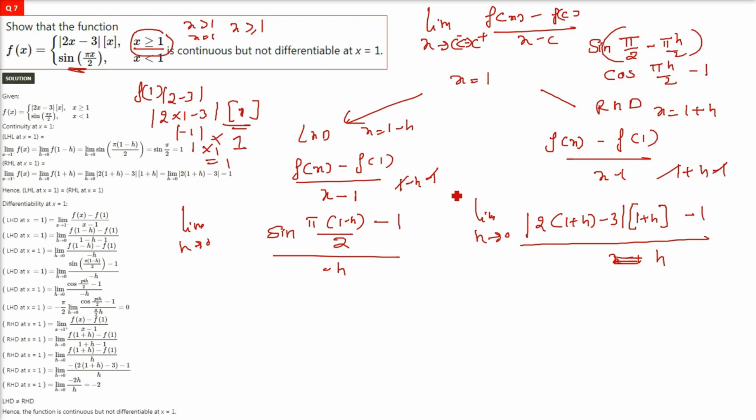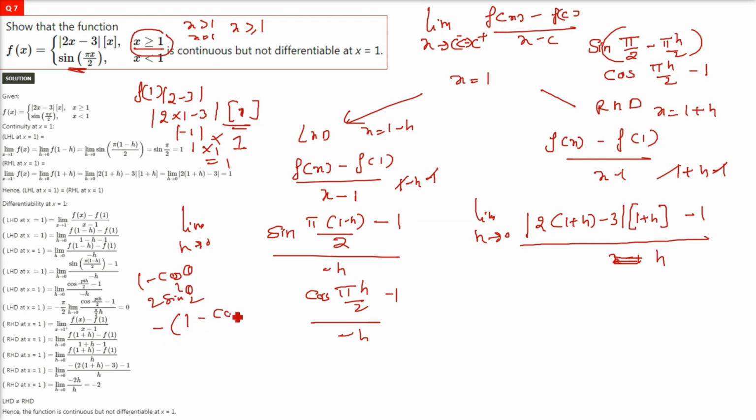Now 1 minus cos theta is simply 2 sine square theta by 2. So this is cos pi h by 2 minus 1 divided by negative h. Since we have a negative in the denominator, let us change the position of 1 and cos pi h by 2. Please remember, 1 minus cos theta is always 2 sine square theta by 2. That we will apply here. So I am taking the negative out, or you can say multiplying negative 1 in numerator and denominator.